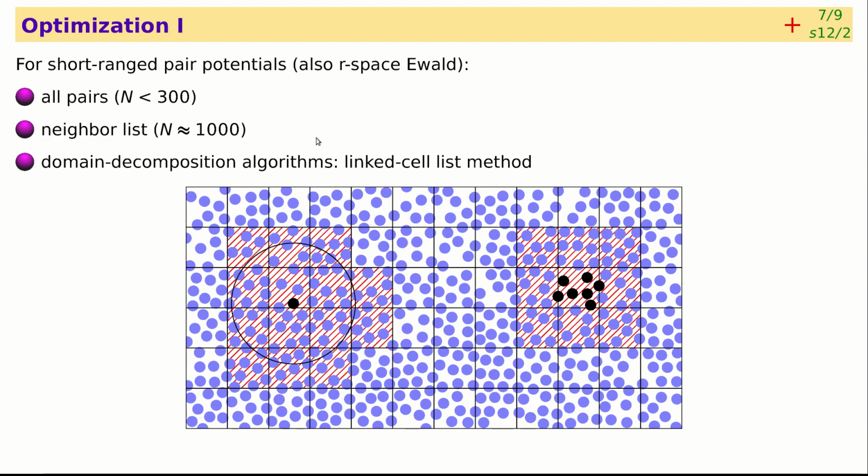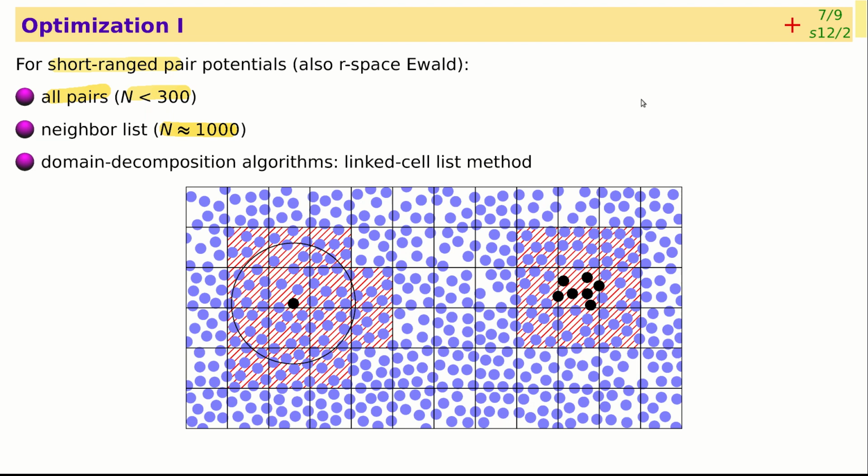And a few words about optimization. Most potentials that we use in simulations are short range, or we made them short ranged by truncating them at a certain distance. If we simulate quite small systems, it's good enough to have a double loop and check all pairs, whether they interact or not. In moderate size systems, we usually use a trick called a neighbor list.